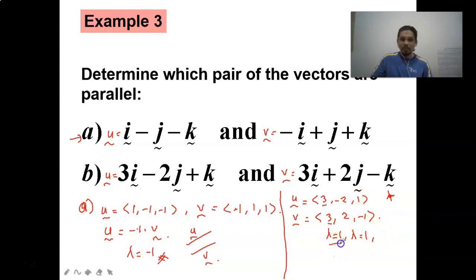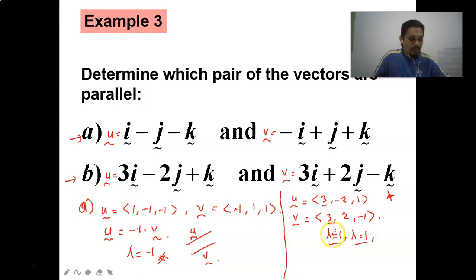So there are two values of lambda, which means we cannot simply say that these two vectors of question B, U and V, are parallel, because there are two values of lambda.